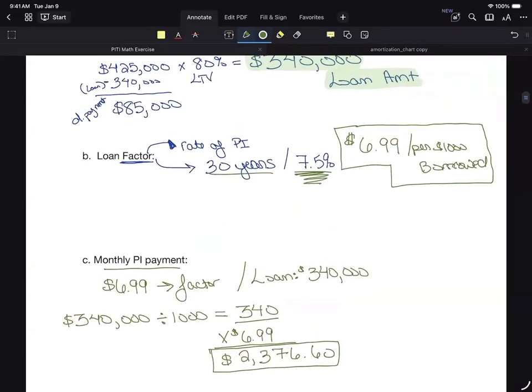So when you're doing this math for the test, generally B wouldn't be a question, but B is the step to answering C. This could be a question. Does that make sense why I'm saying that? Yes, I usually get lost looking for the loan factor. But now you get it. Yes, now I do get it.